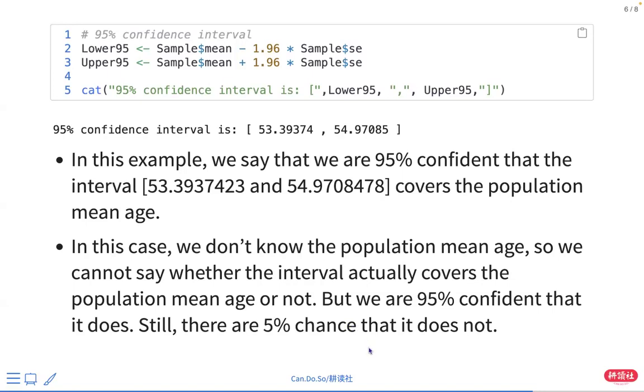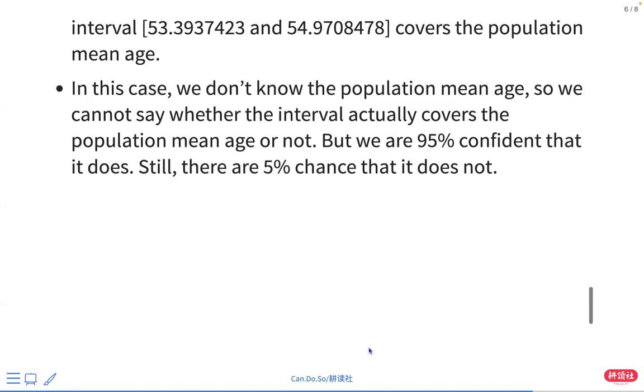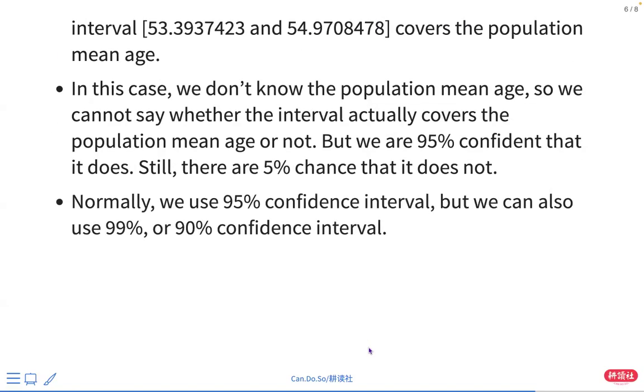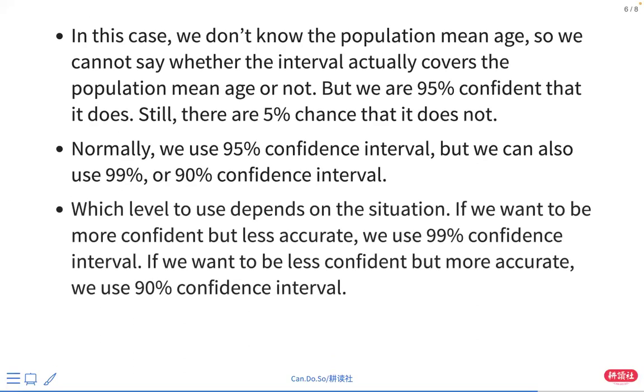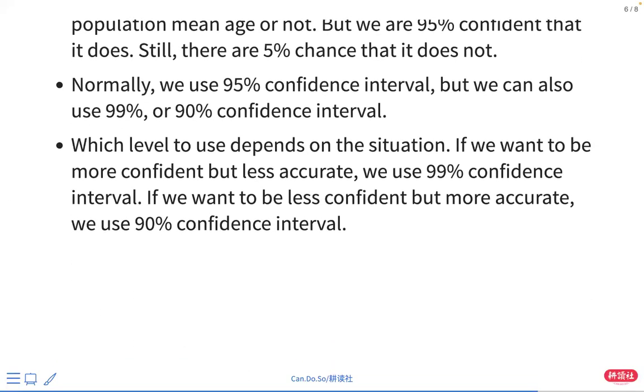Still, there is a 5% chance that it does not. Normally, we use the 95% confidence interval, but we can also use 99% or 90%. Which level to use depends on the situation, the project, the research target, or something like that.